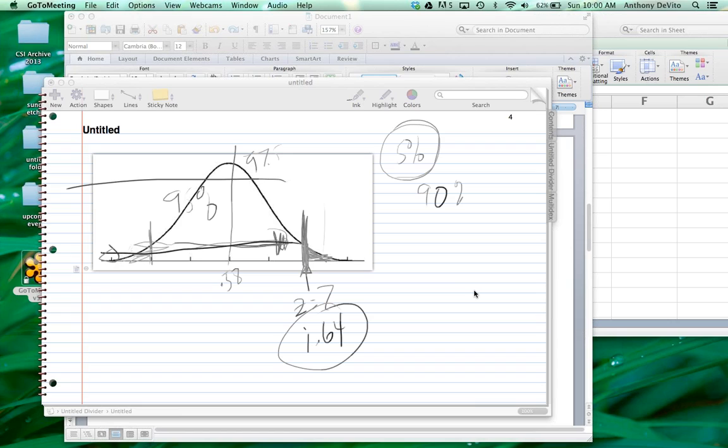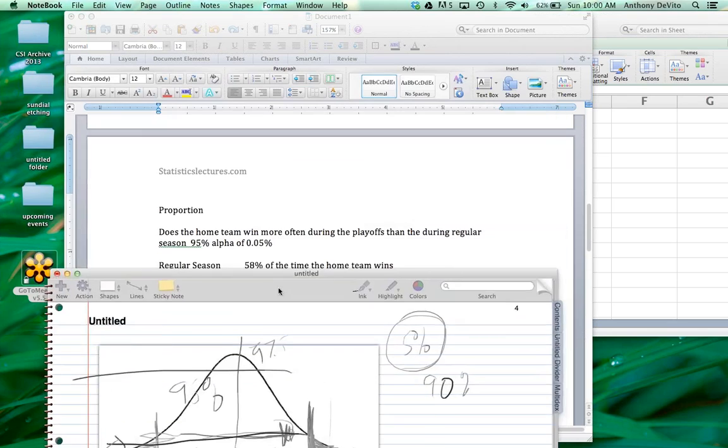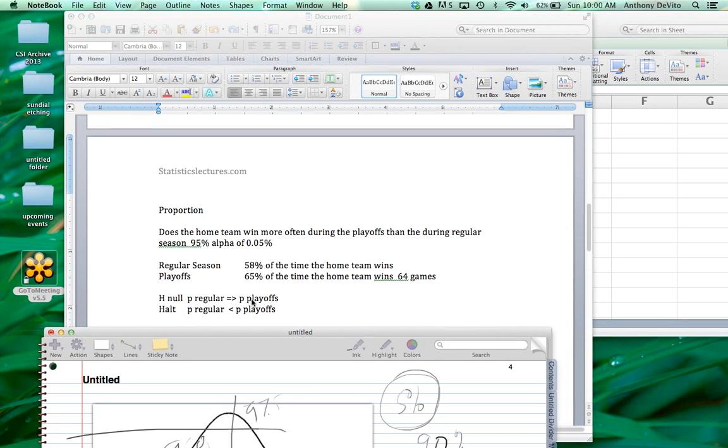You can't just say that H null is equal, because there are two conditions that satisfy it, not just equal, but it also could be significantly less than the number of wins during the regular season. So you want to phrase your null and alternative hypotheses so they cover all possibilities.